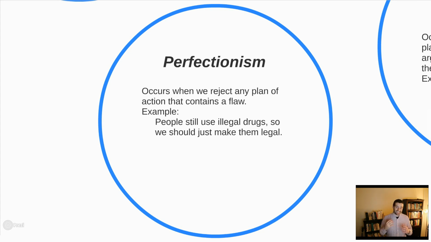We might just not be able to know certain things. We might just not be able to control certain things, and we need to accept that as we work. Of course, there are times when the flaws are so big that pointing them out is appropriate, right? Well, I see what you're saying here, but everyone's gonna die if we do that, so we probably shouldn't, right? That's not quite perfectionism.